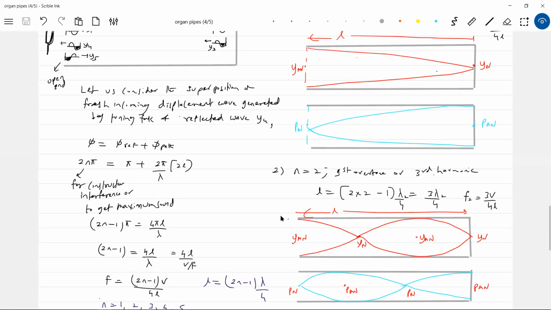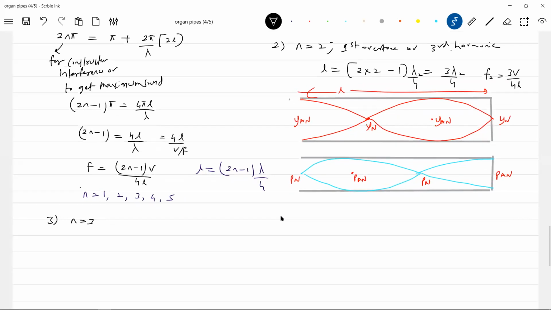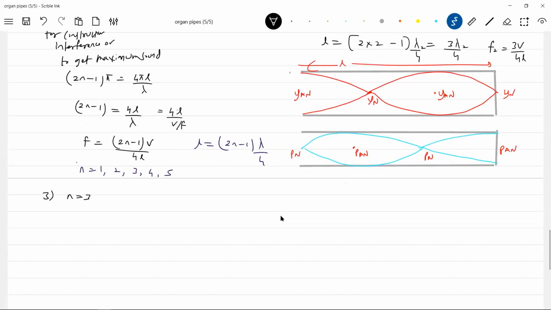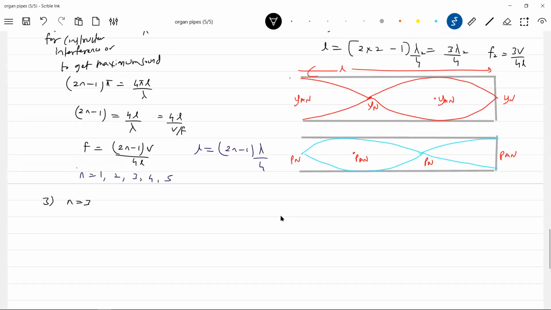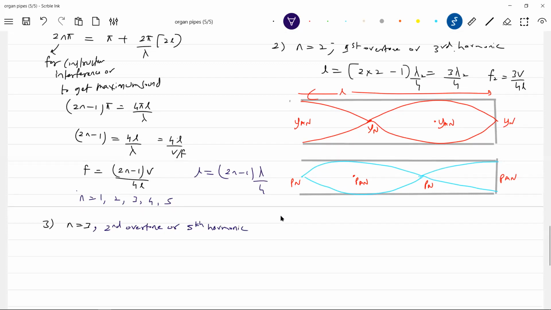Similarly, we'll go for n equal to 3. So this is called the second overtone, or fifth harmonic.